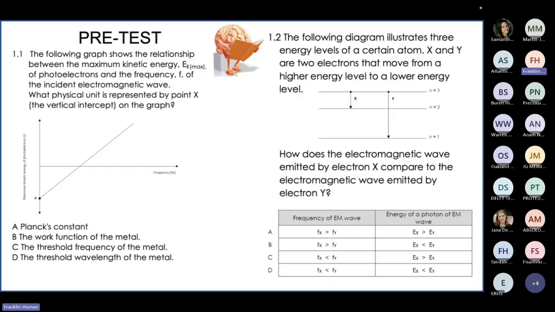Well, what is it about the light that will give the electrons energy? The simple answer is light has a particle nature. There are energy packets in light called photons.